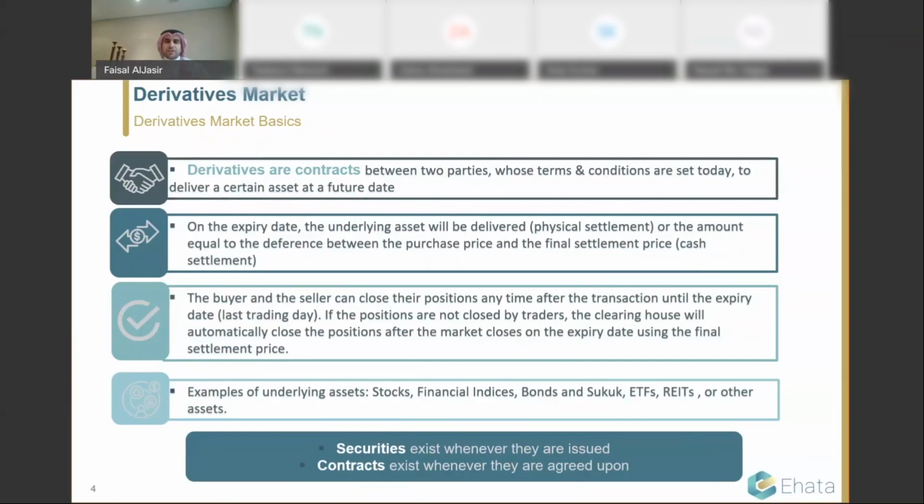There are a lot of examples of underlying assets. We're talking about stocks, financial indices, bonds, interest rates, foreign exchange. There is basically anything that has variability around it, and there is a buyer and a seller that are willing to enter into a contract to manage that variability.